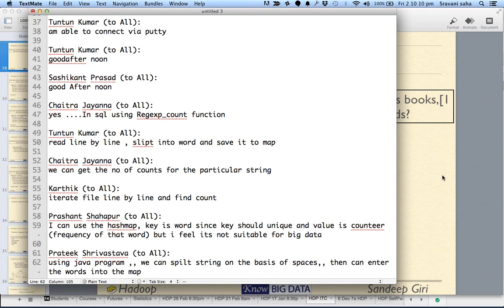Excellent, Sashikant. Thank you. So Collections.frequency does the same thing, I think it gives the frequency for each key. I haven't used this particular method so far, and I didn't even know that this method exists. Good, so I got to learn something. I'll have a look at it.